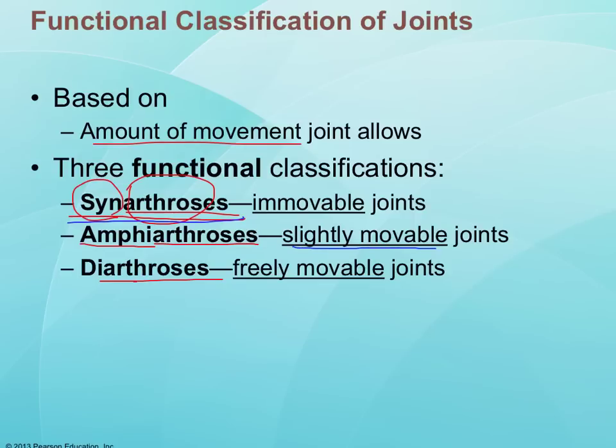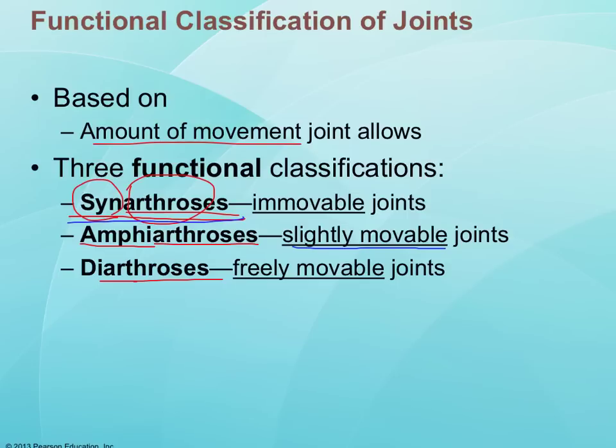For example, the joints between our ribs and the sternum are connected by costal cartilage, and the cartilage is relatively flexible, making the joint slightly movable. That is amphiarthrosis. Amphi for both, so amphiarthrosis is both movable and immovable, something in between.